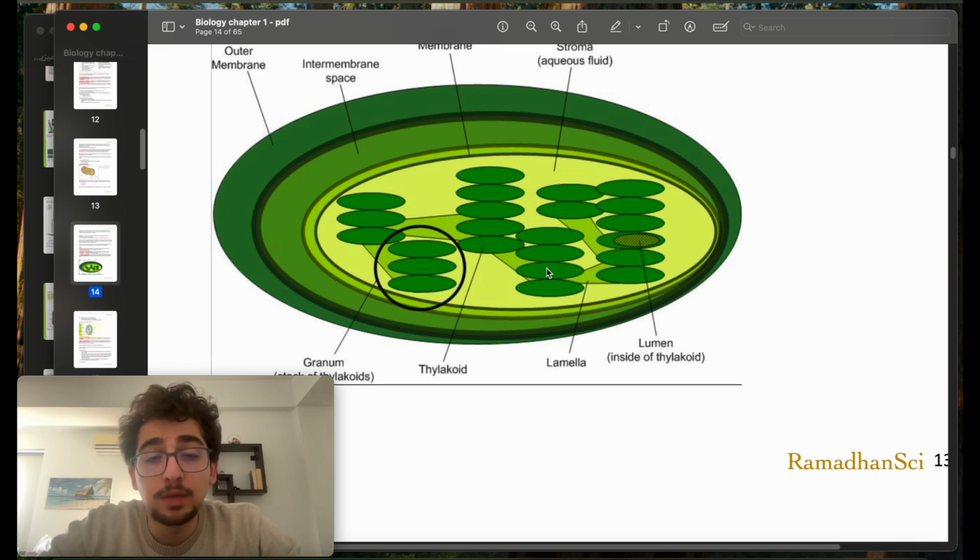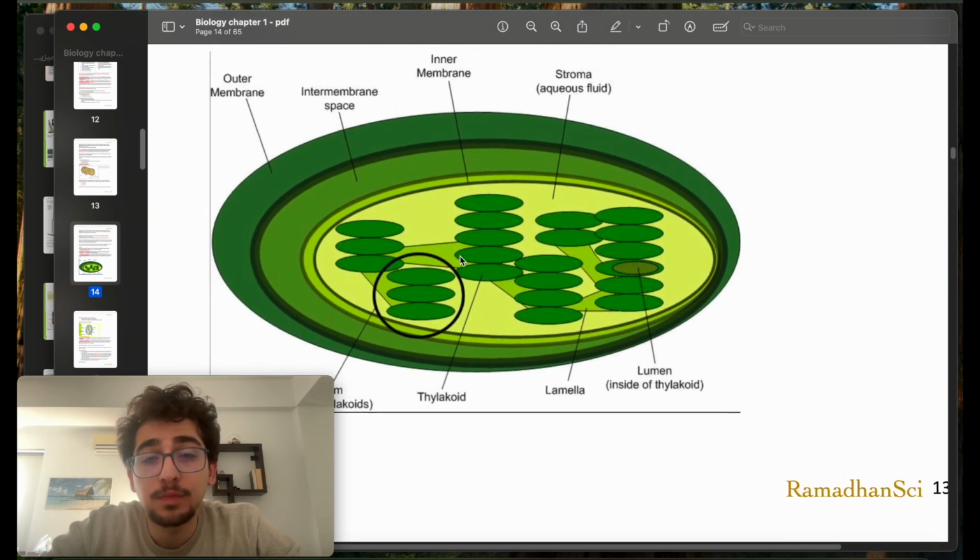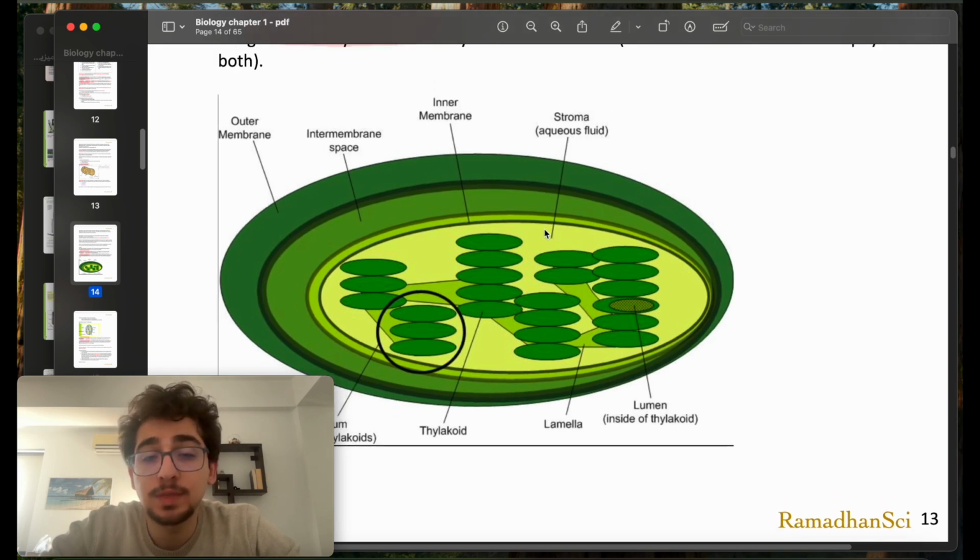Those grana are connected to each other by a lamella. And this fluid here is called the stroma. It's an aqueous fluid, and all of this is to the inside of the inner membrane.